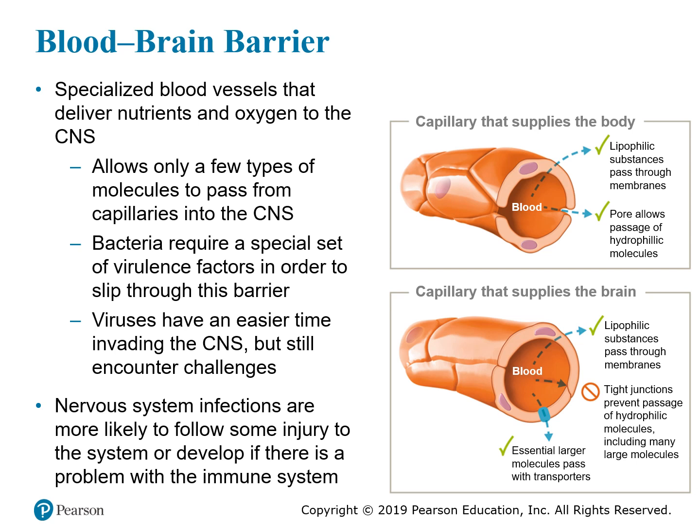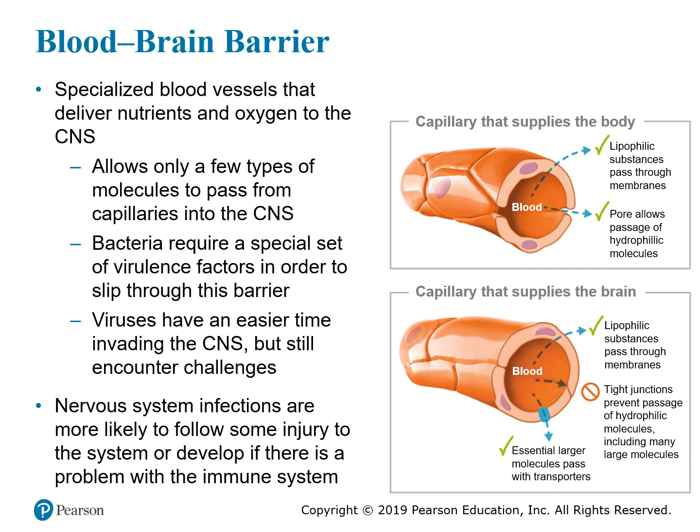So the blood-brain barrier is actually a very unique system of specialized blood vessels that will do an exchange of nutrients and oxygen to the central nervous system. But then it will also prevent any sort of organism from entering into this sterile environment. Although there are some virulence factors that allow bacteria to cross over this barrier.